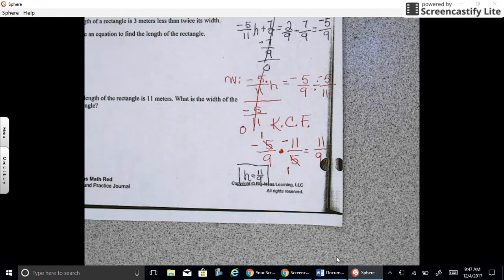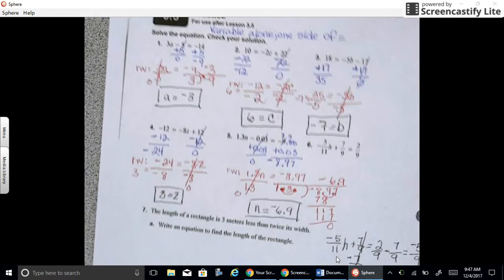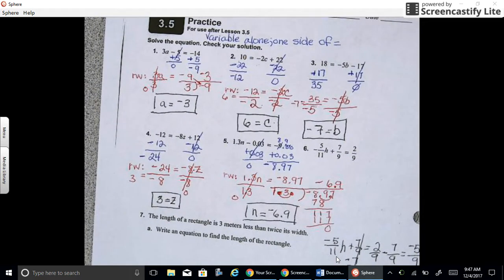Jose, let me ask you a question. The first problem, the 3a minus 5 equals negative 14. What is the first thing I move from one side of the equal sign over to the other so I can have the variable a alone?